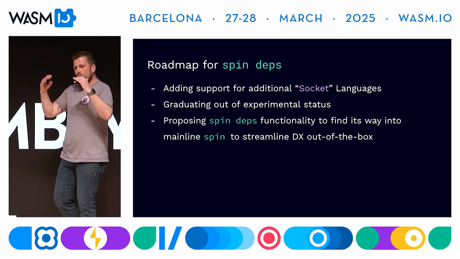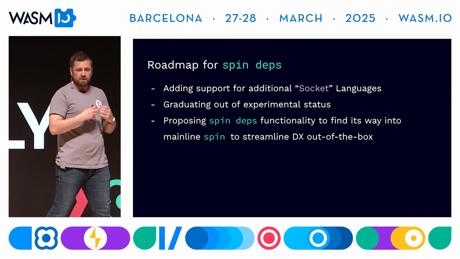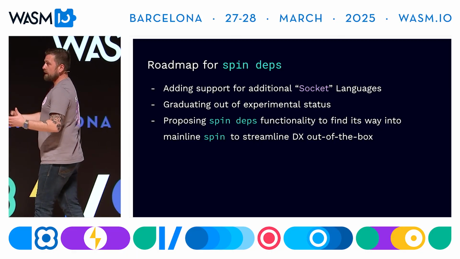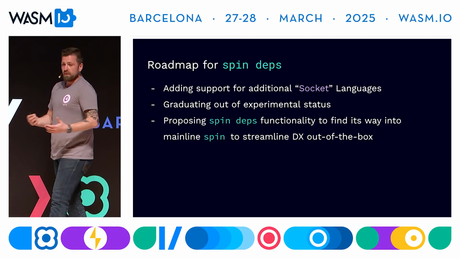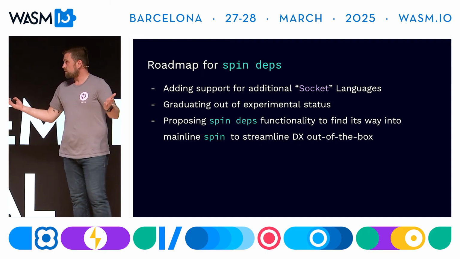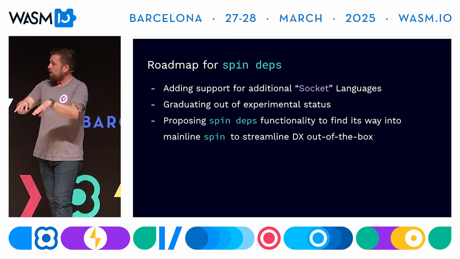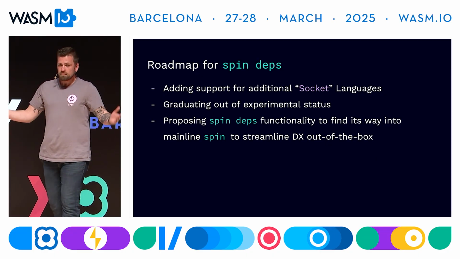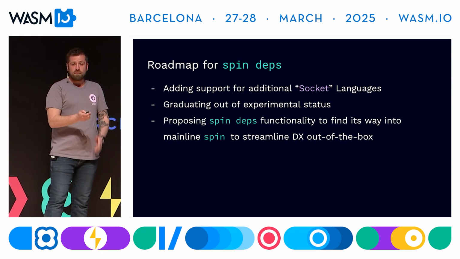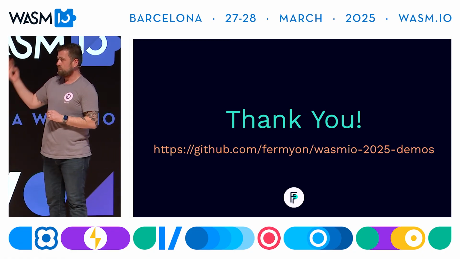However, we want to lower the barrier for application developers to adopt WebAssembly components and to compose applications. So that's why we started building an experimental plugin that we called Spin Deps, which is open source. It is on GitHub, and you can install it on top of your Spin CLI to play around with it. So there's code. It is on GitHub as well.